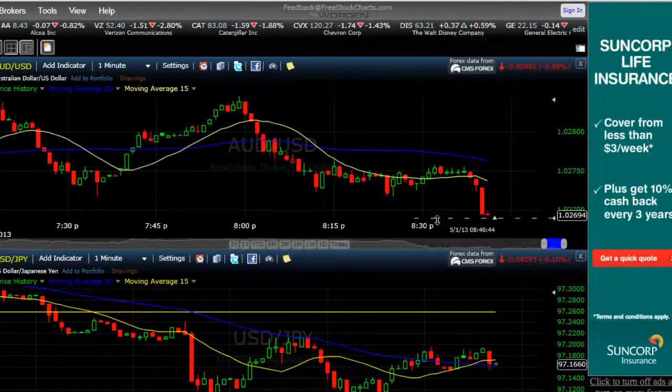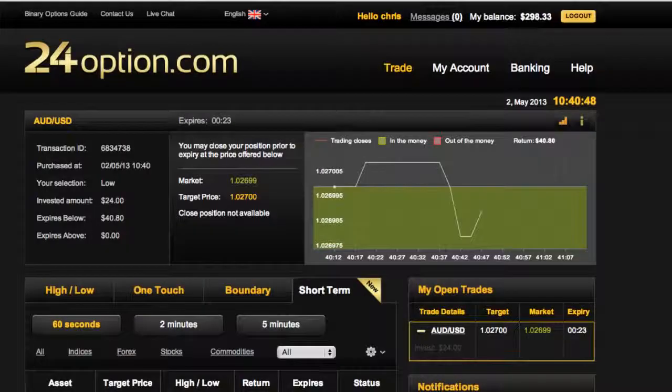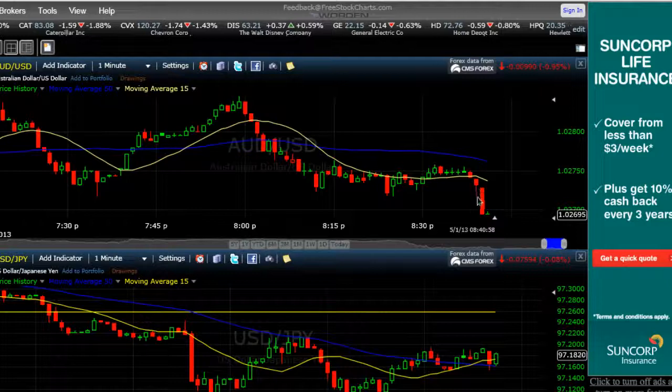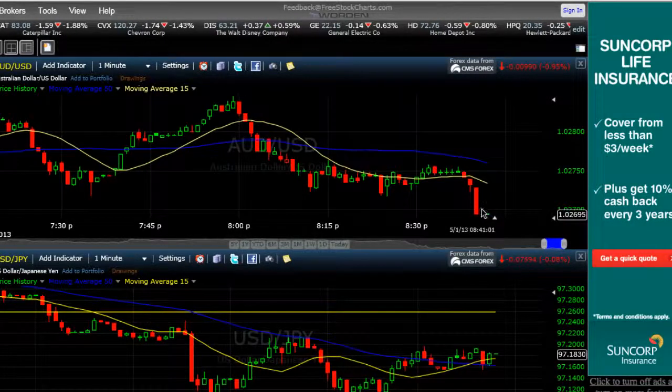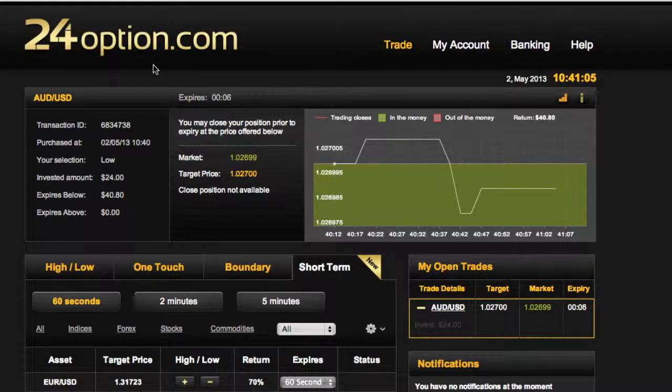It's going back up. So we've got 20 seconds to go. So we're following it here. I got in about just near the bottom of this. So it looks like I'm going to win this trade. So I would actually trade again.